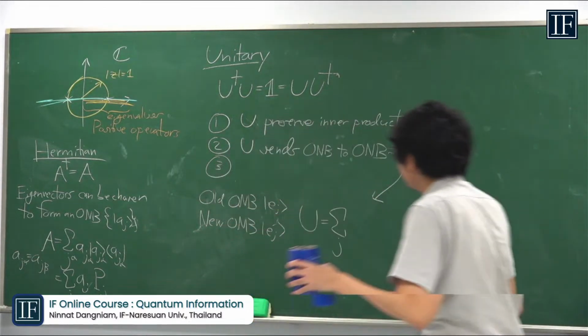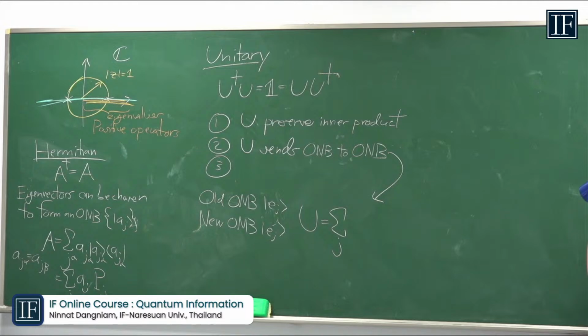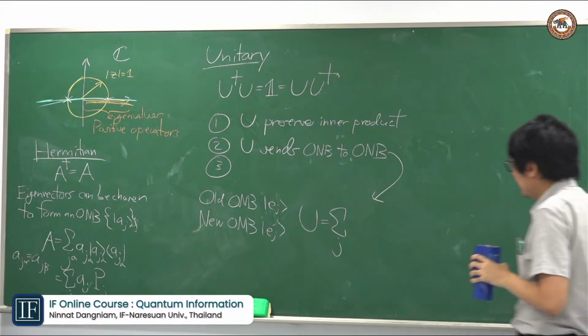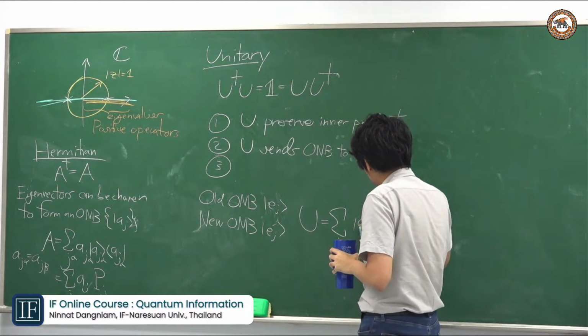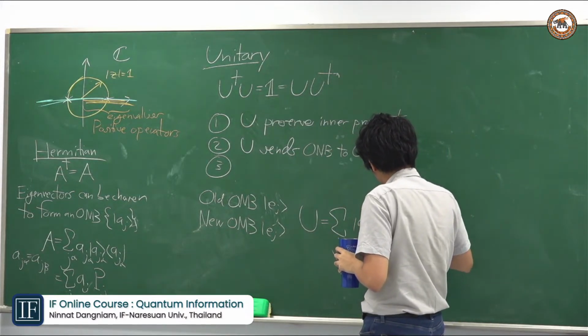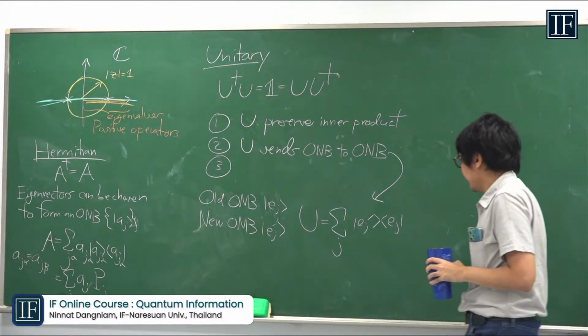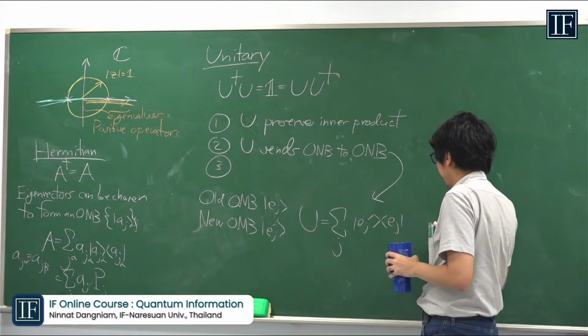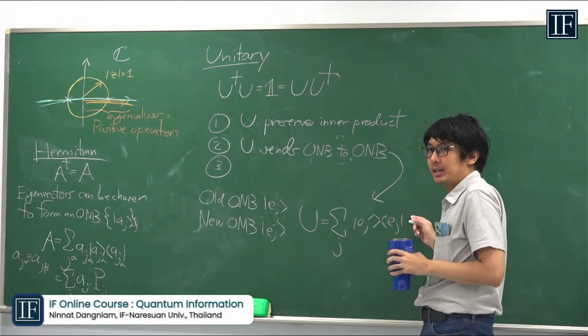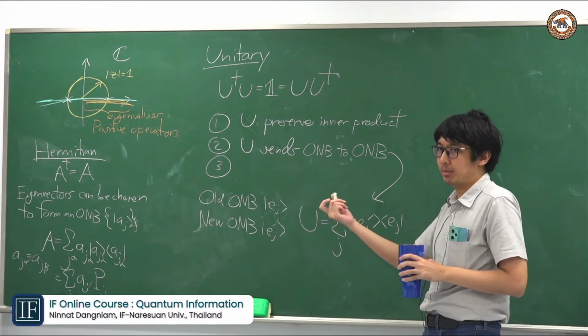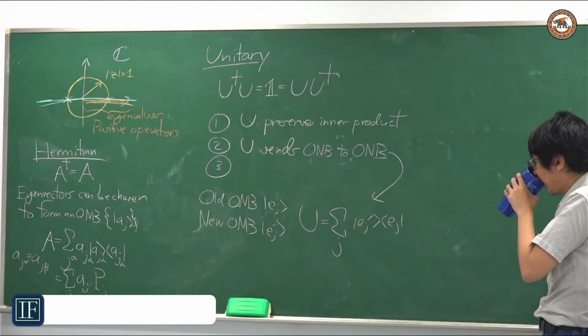So the bra of the old and the ket of the new, right? Yeah, exactly. Because whenever you input the vector e_j, then you get the new basis vector e_j prime.